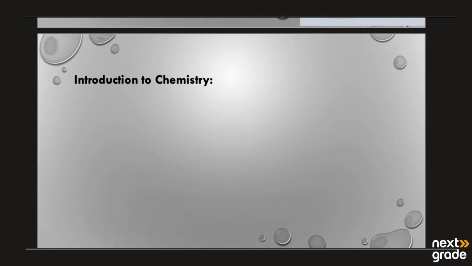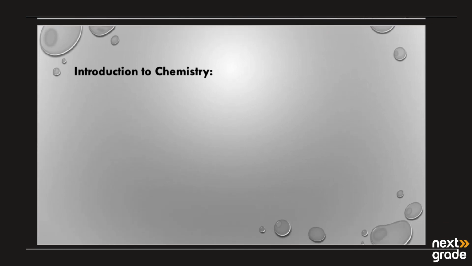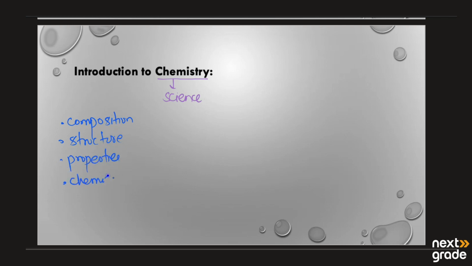Next, we have the introduction to chemistry. It is a main branch of science. Chemistry is the branch of science that mainly deals with the composition, structure, properties, and chemical reactions, all related to the main thing that we call matter.